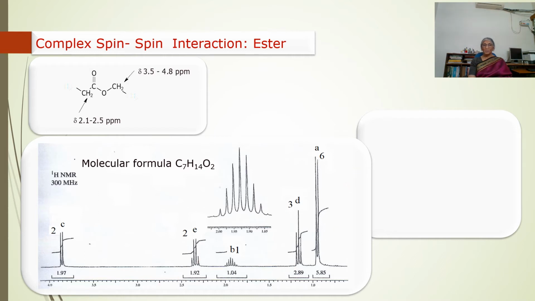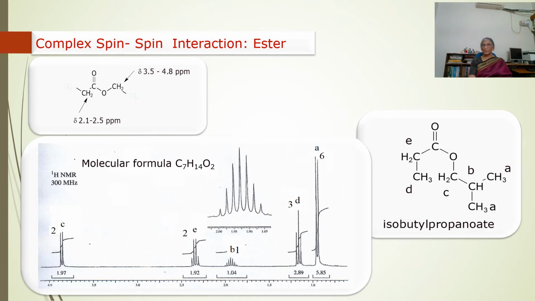So on the basis of this NMR spectrum, we can establish that this is the NMR spectrum of isobutyl propanoate. Now look at the structure of isobutyl propanoate.